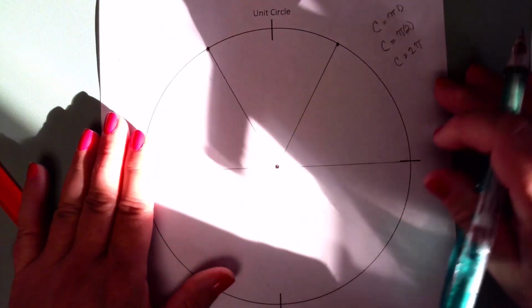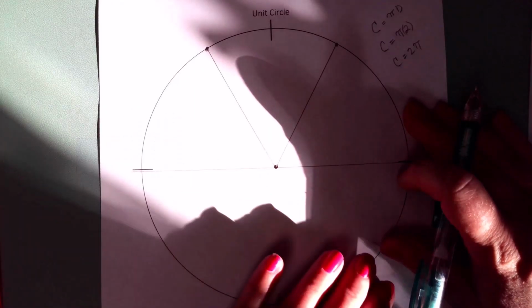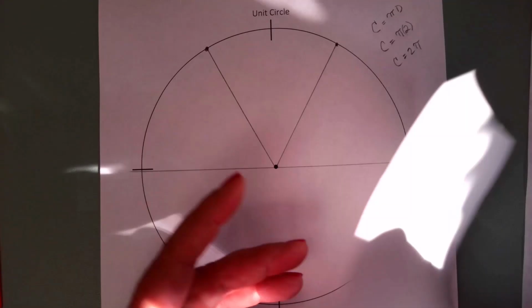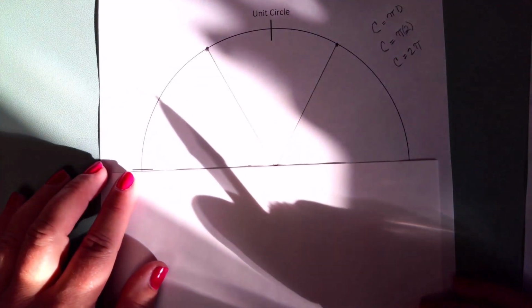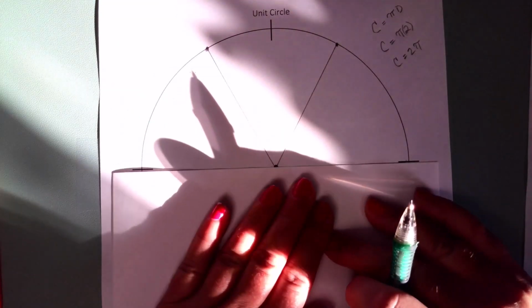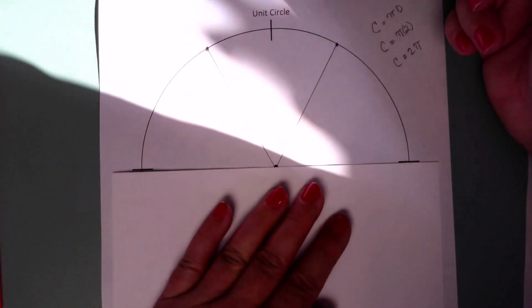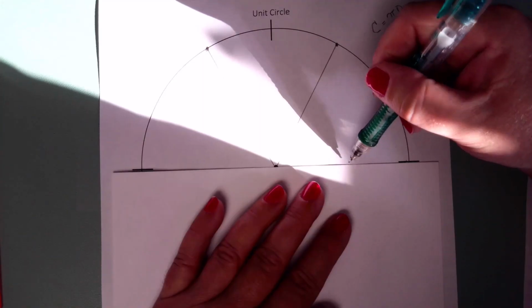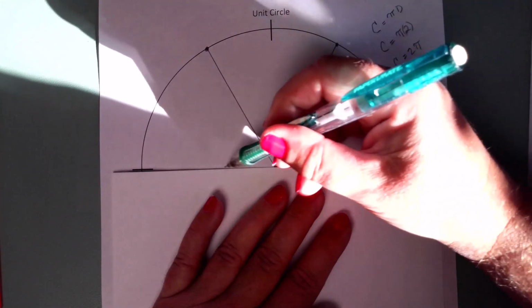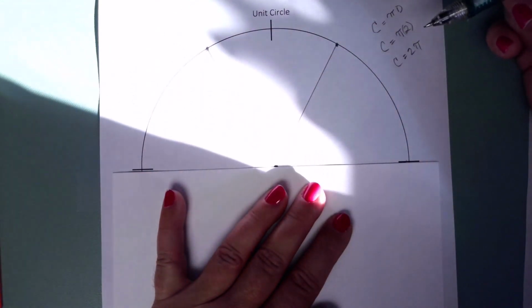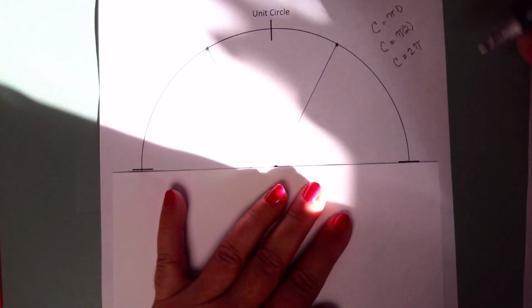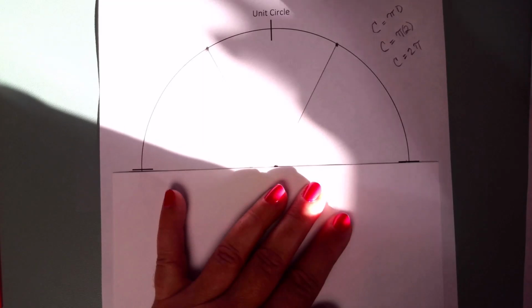All right, now what I want to do is talk about just that top half of the circle. If I'm only just talking about the top half of that circle, that is 1 pi. What we've done by going to the right half and up, to the left half and up, is we've divided that top part of this circle, that 1 pi, into 3 equal pieces.